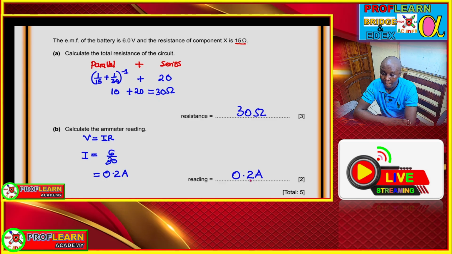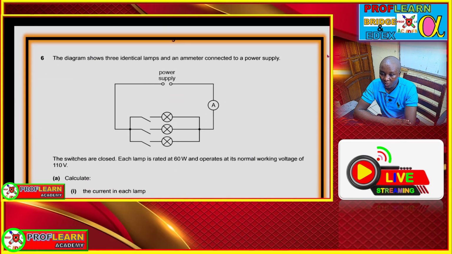Moving to question 6, now we have parallel connection. And in parallel, what you need to remember is that voltage is the same across all the components. So if the power supply here is 110, it means bulb 1, bulb 2, and bulb 3, each of them will be experiencing a voltage of 110 volts.